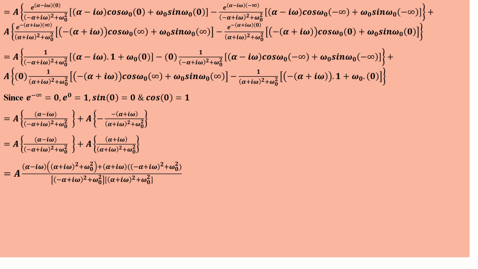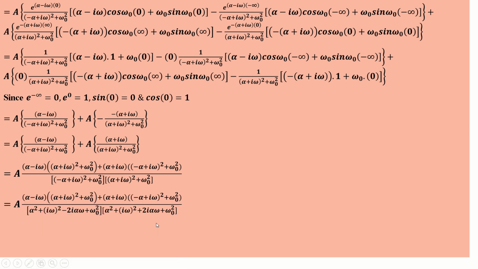So we are cross multiplying and taking the LCM, right? So which is equal to alpha plus I omega square plus omega naught square plus alpha plus I omega minus alpha plus I omega square plus omega naught square. In denominator we are using the expression, right?